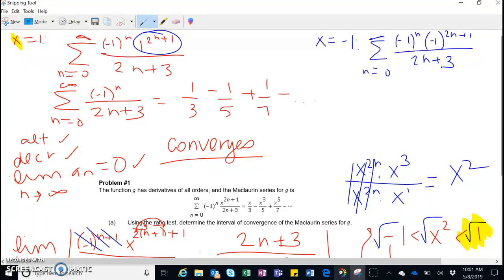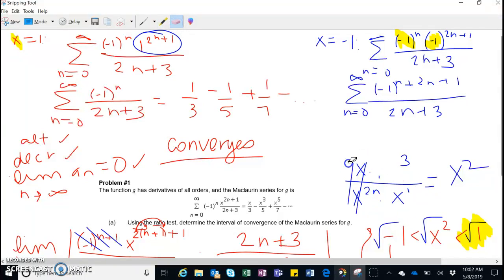So when x is -1, it looks like I'm generating common bases up there in my numerator. Both of those bases have that -1 in common. So in algebra, that means I can add up my powers. I get -1 to the n plus 2n plus 1 up top, all over 2n plus 3 in the bottom.